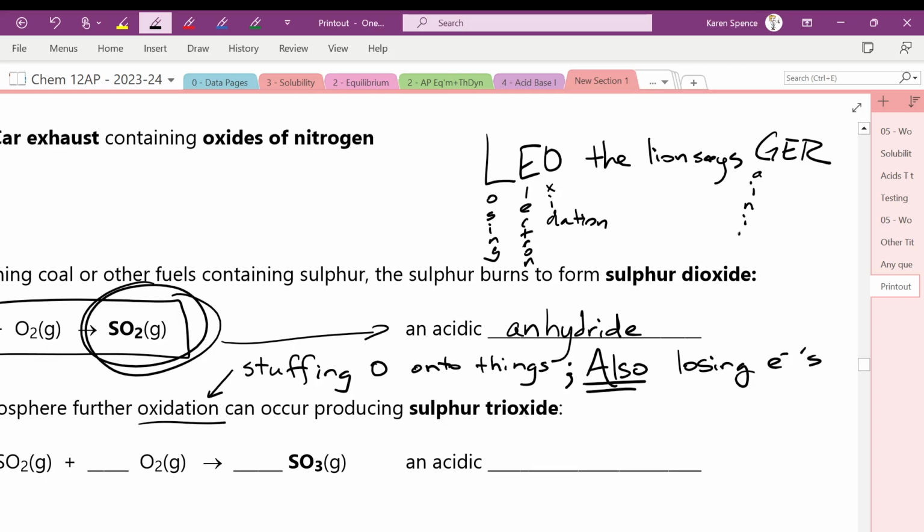Gaining electrons is reduction. So what are we doing with our sulfur? We are further oxidizing it, okay?